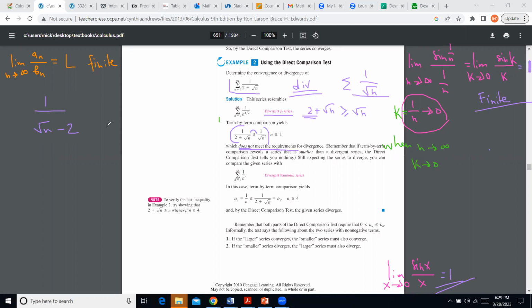So that series, if you compare square root n with square root n minus 2, then minus 2 will give you less, right? Because you subtract 2, you make it small. But if you flip both of them, then the inequality is also flipped, because when you divide by smaller, you get bigger, right?